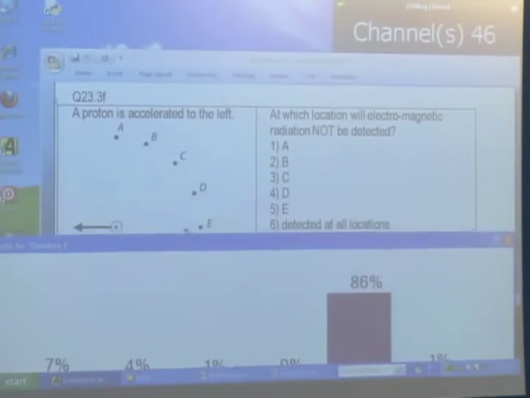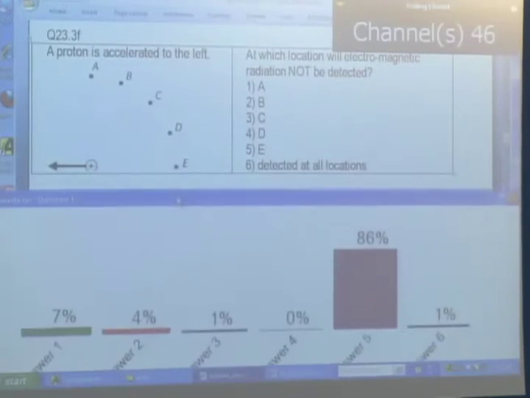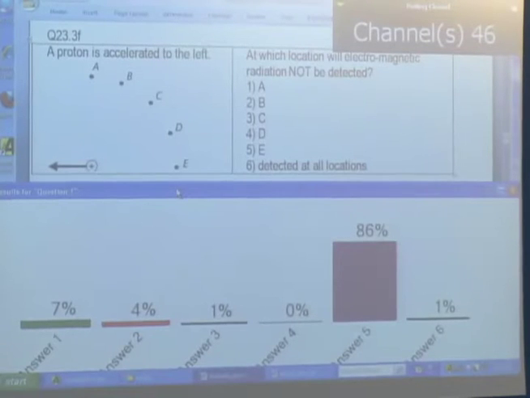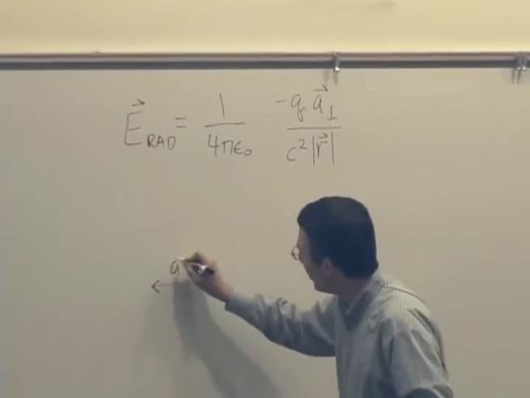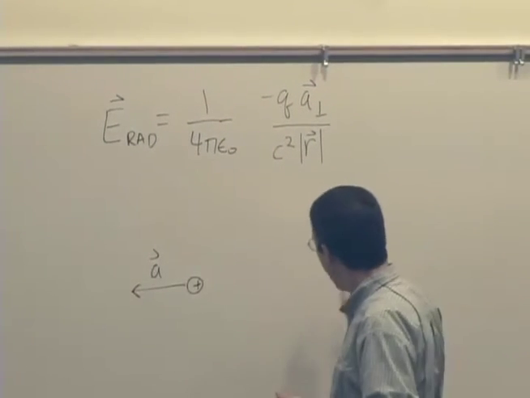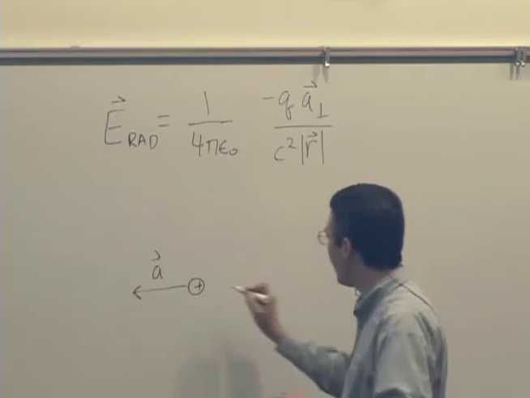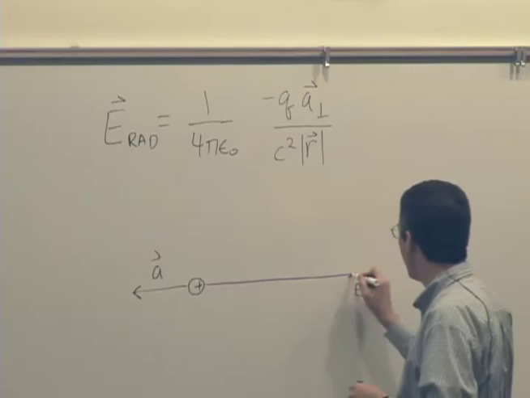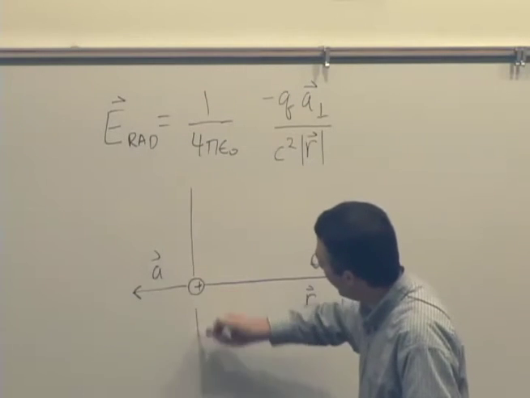So we said everywhere except along the line of acceleration, and that comes from this formula. With the acceleration in that direction and location E here, the first thing you do is draw the r vector, which points from source to observation location, and then you draw the perpendicular axis.